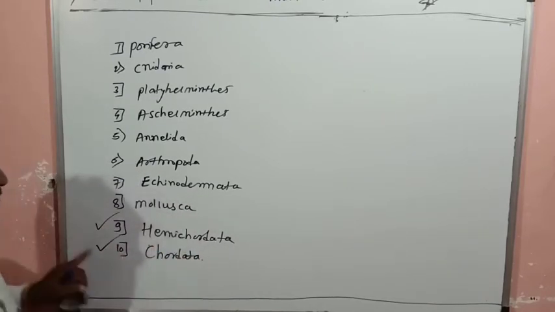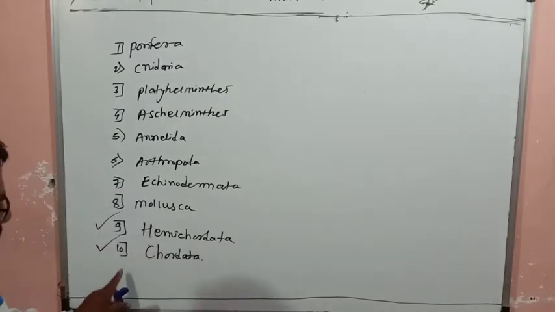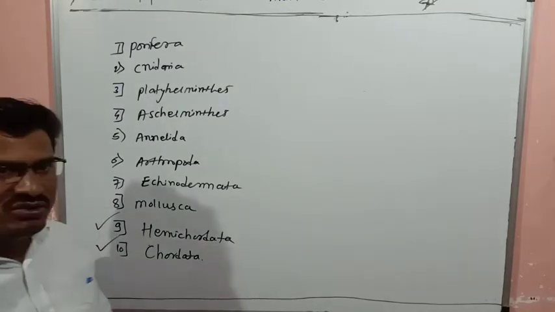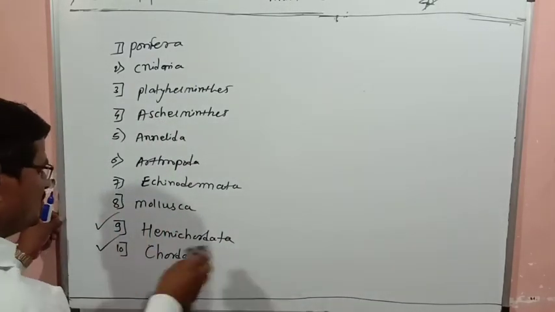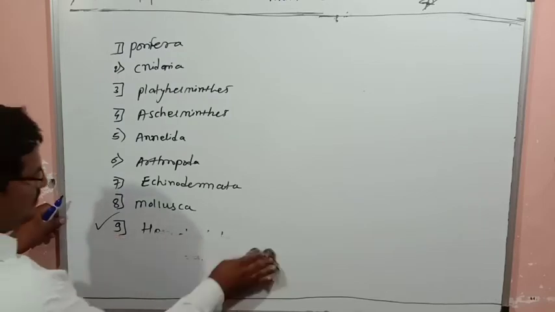So these two phyla we are going to study now. Out of that, Hemichordata first: we'll see the characteristics of Hemichordata, their examples, and one diagram, and later on we'll see Chordata.